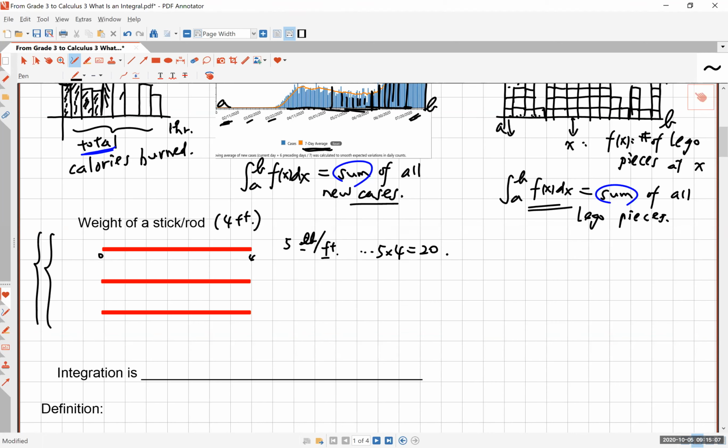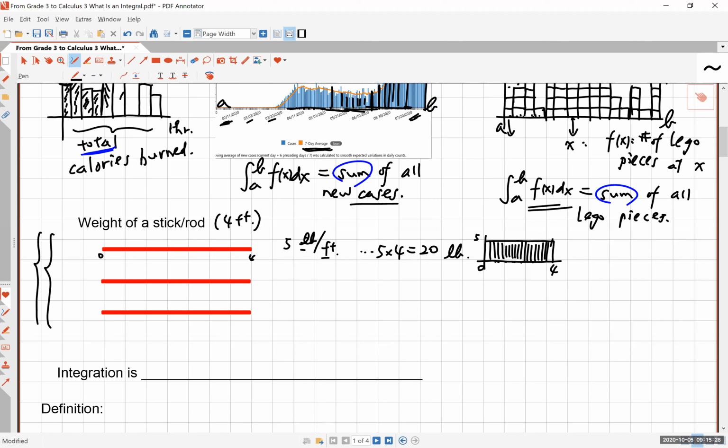You can also think of this, as we did before, as a constant function added together, right? So this is what's happening. This is 4 and this is 5. And at each point, you are adding 5, since the value of the function is 5 at every single point, okay?